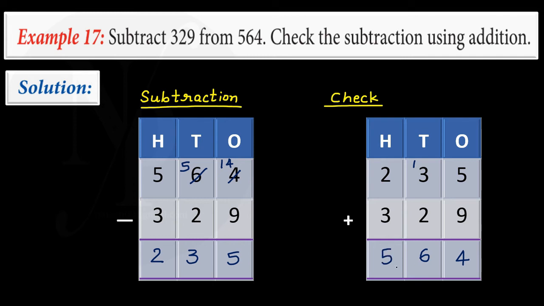So we get 564 as a sum here. Now you compare this 564 and here also we have 564. That means this subtraction is correct. So the subtraction we found here is correct. This is correct.